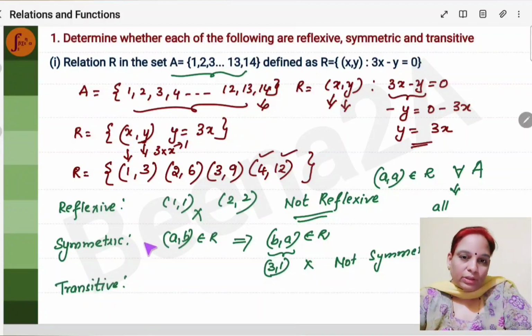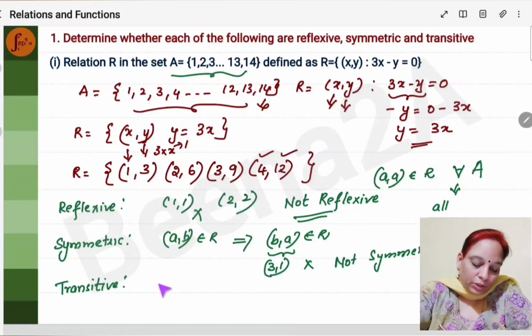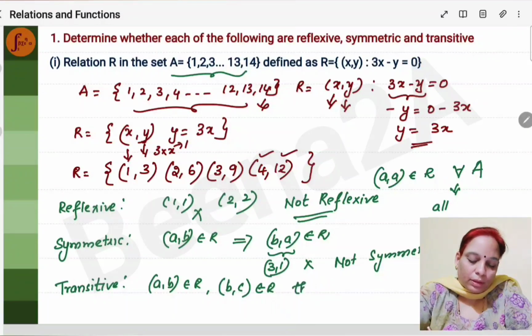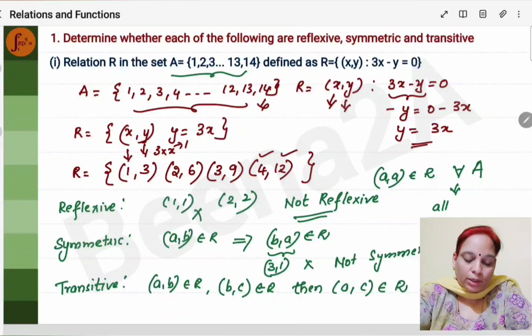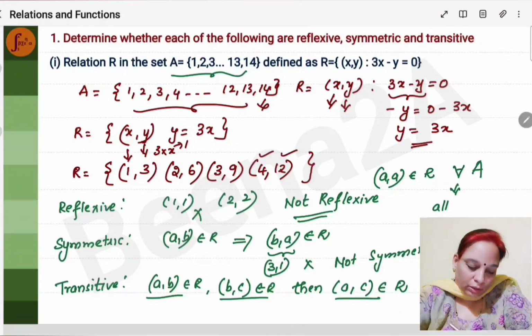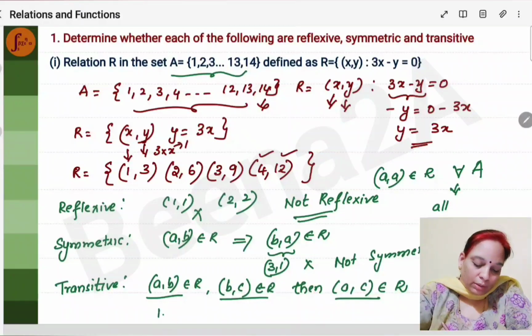Now we'll check if this relation is transitive. What is the condition? If (a, b) belongs to R and (b, c) belongs to R, then (a, c) should also belong to R. If this condition is satisfied, then you can call it transitive. You take the first ordered pair, (1, 3). You should have some common element: the second element here and the first element here are the same, 3.